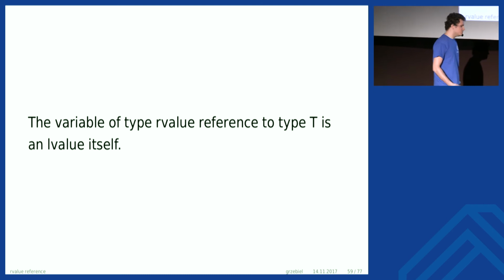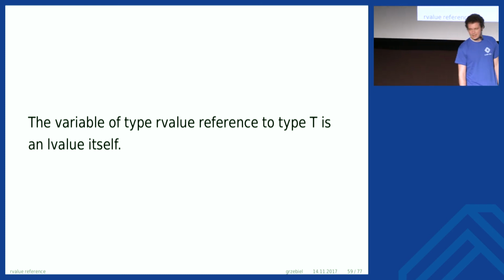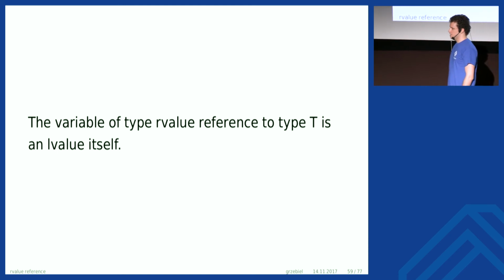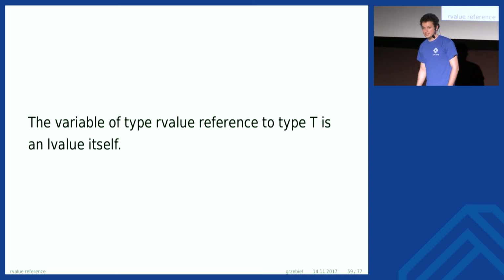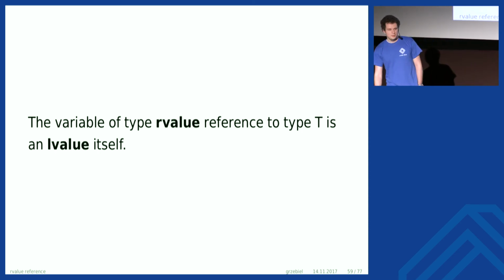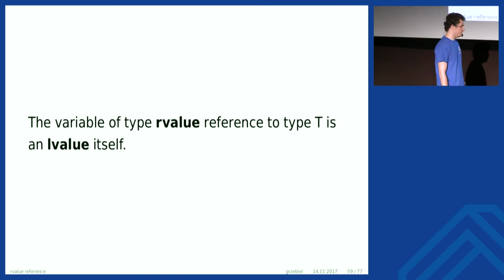So the usual explanation, as a first sentence, is that a variable of type R-value reference to type T is an L-value itself. So we are telling a newbie that an R-value is an L-value. So something went wrong along the way of explanation.